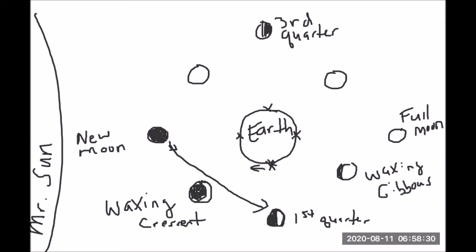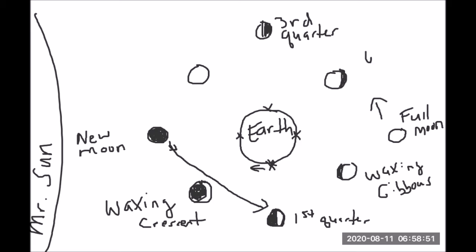Crescent is less than half, gibbous is more than half. Then we get to full moon. We can't have any more lit up than full moon. So as we go this way, we get less and less lit up, except the side that's lit up is the left side this time instead of the right side.